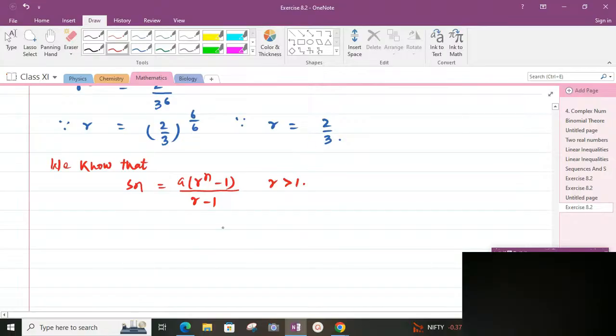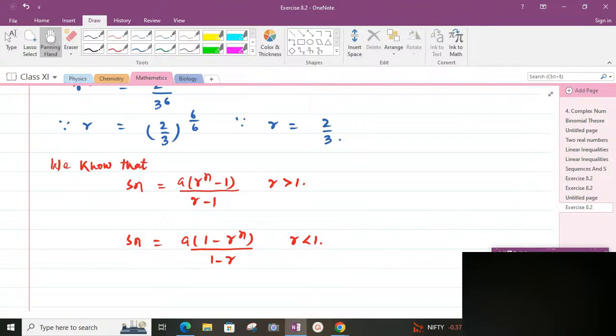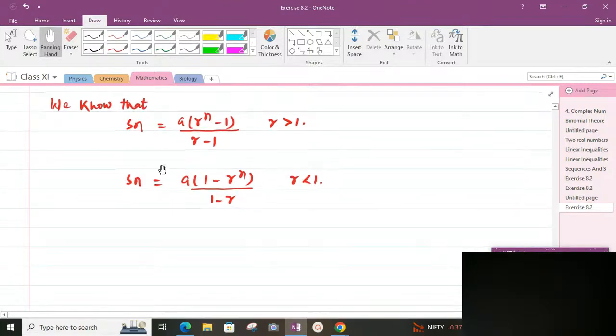But here r is less than 1. Therefore here will be Sn equal to A into 1 minus r to the power n by 1 minus r when r is less than 1. Now putting the value of A and r.